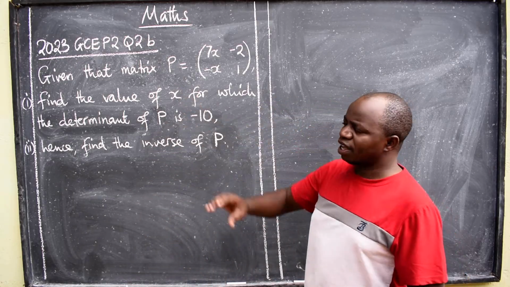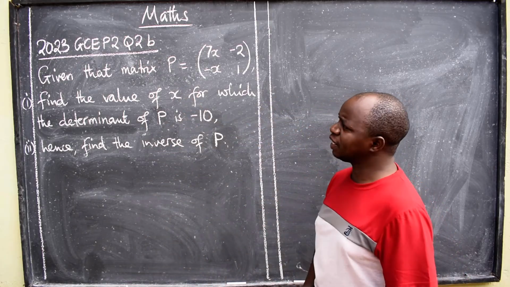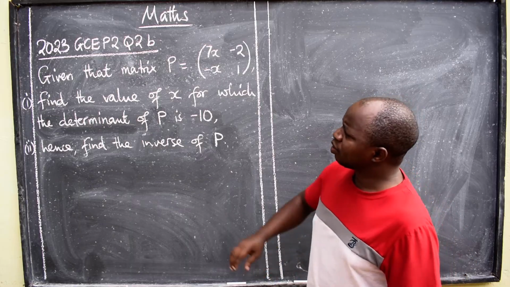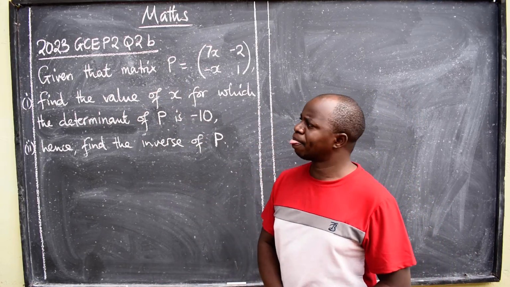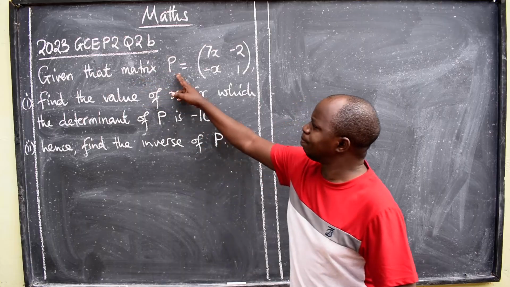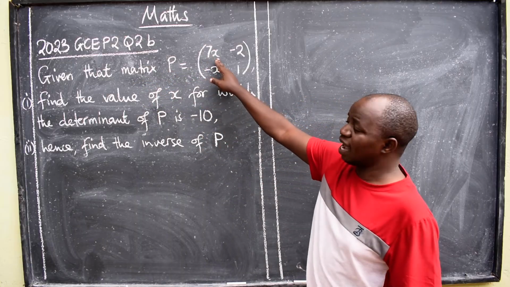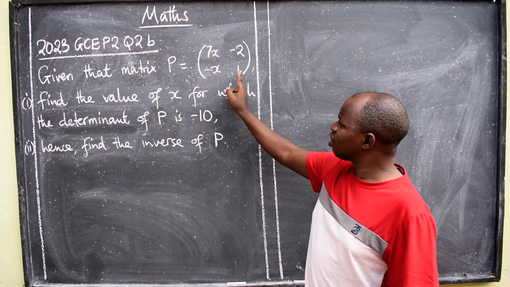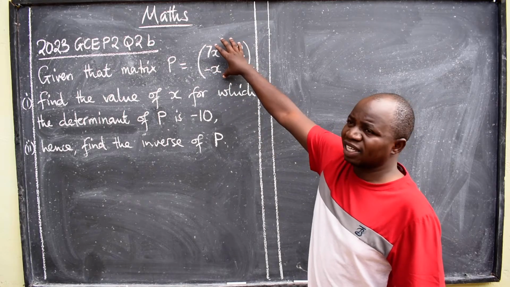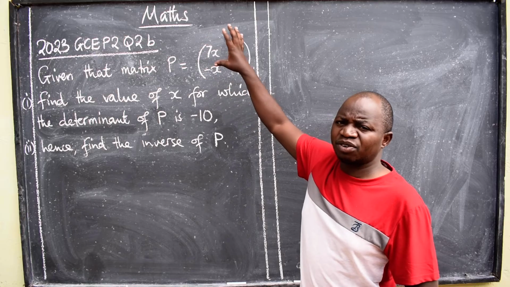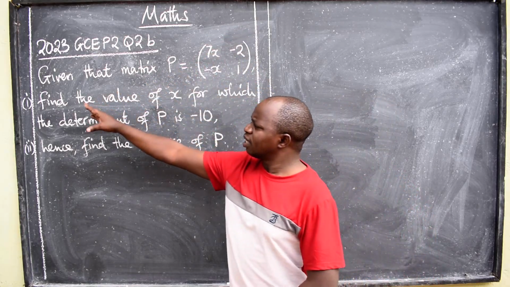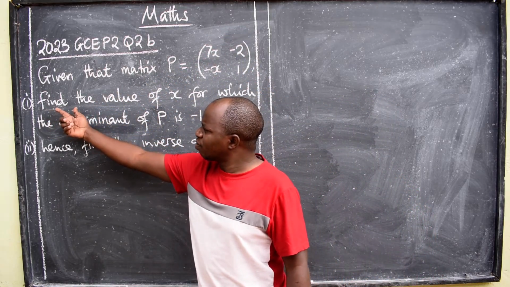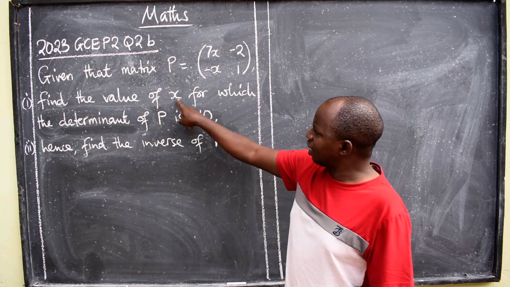Let's look at this question from 2023 GCE paper 2. This was question 2B. Given that matrix P is equal to 7x, negative 2, negative x, 1, that is the matrix that we've been given. Roman numeral 1, find the value of x.